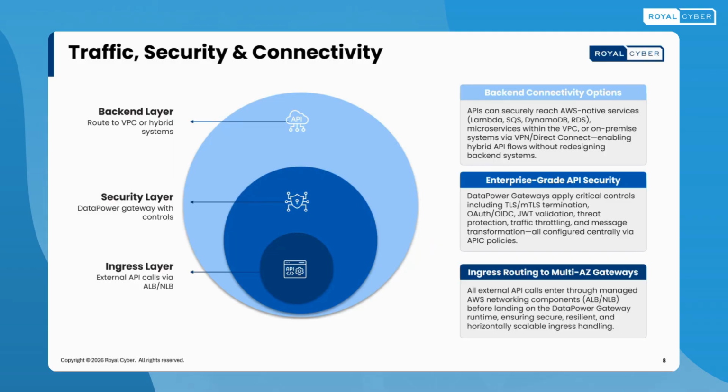From there, APIs connect securely to the backend: AWS native services like Lambda, SQS, DynamoDB, RDS, microservices within the VPC, or on-prem systems via VPN or even Direct Connect. This enables hybrid connectivity without redesigning your backend systems. Your system can still be the same, but it can leverage all the features provided with AWS.